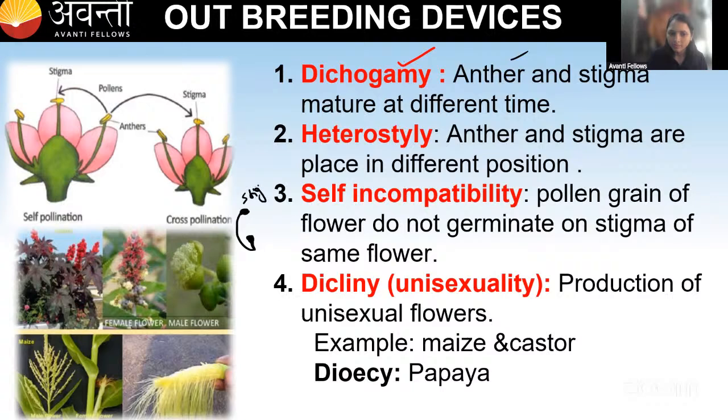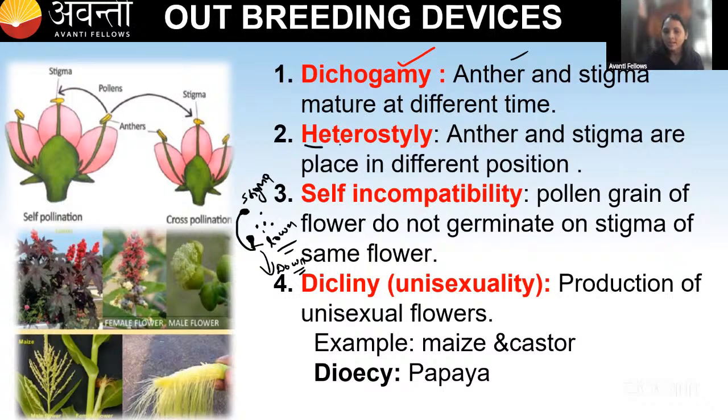In that case, the anther will produce the pollen grain, but it will not bind on the stigma immediately. It will fall downwards.